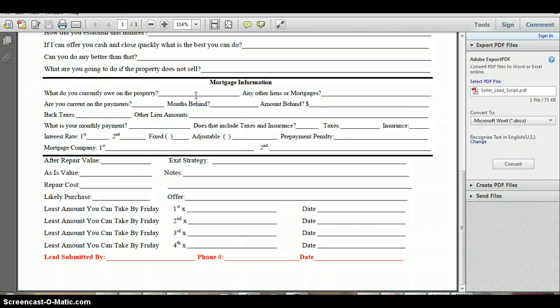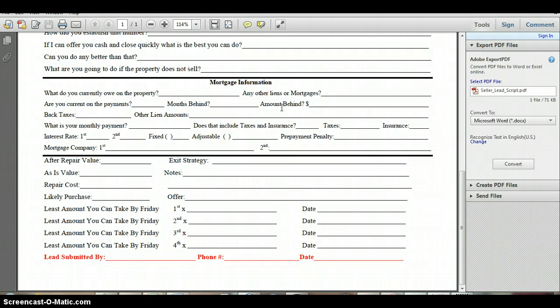The first question you're going to want to ask is, what do you currently owe on the property? Some people will not know exactly. They'll give you a ballpark estimate. This is fine. We will find out that exact number if we decide to move forward. You want to also ask, are there any other liens or mortgages on the property?